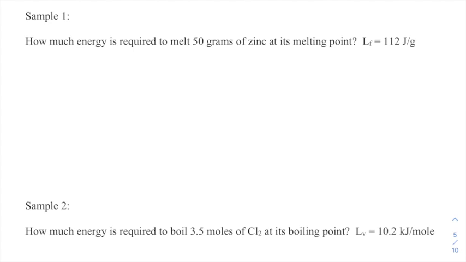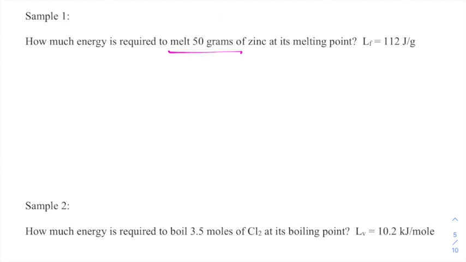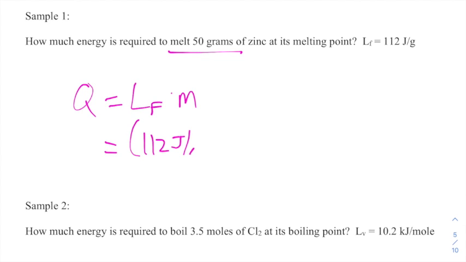Sample 1. How much energy is required to melt 50 grams of zinc at its melting point? Okay, all we're trying to do now is melt zinc. Well, that's easy to do. So Q is going to be equal to L of F times the M. The L of F is 112 joules per gram times the mass, which is 50 grams.